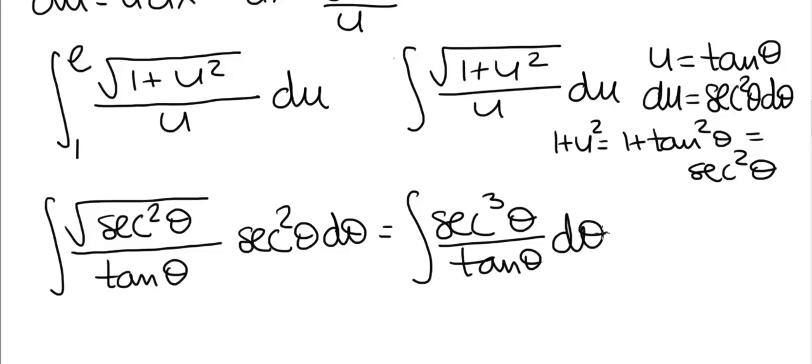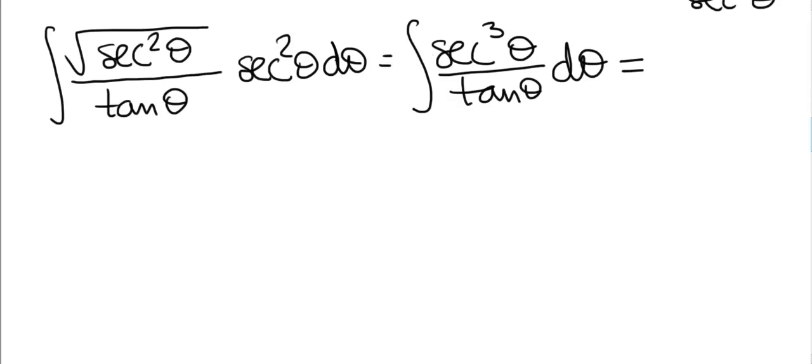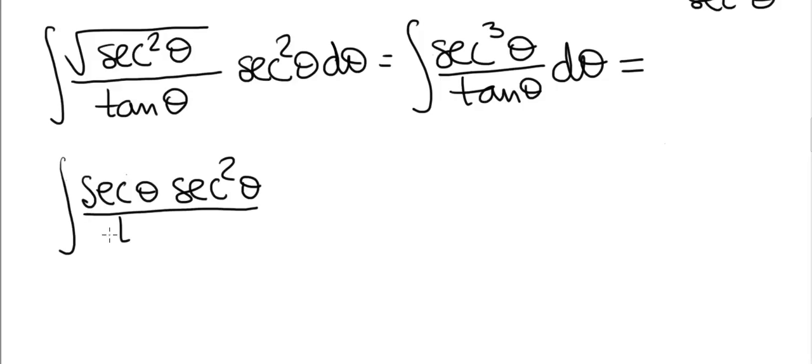Now, to evaluate this, there's really no one predetermined way to do it. We have to do a kind of trial and error. We could change the secant cubed to 1 over cosine cubed divided by tangent, which is sine over cosine, but probably that's more difficult. Here's probably the easiest way to evaluate this integral. We're going to take the numerator, secant cubed, and write it as secant theta times secant squared theta divided by tangent theta d theta.